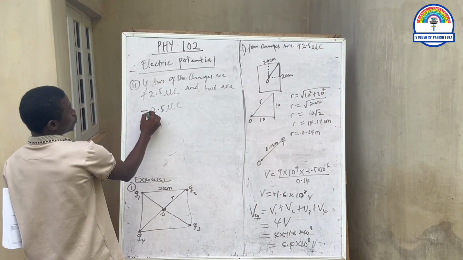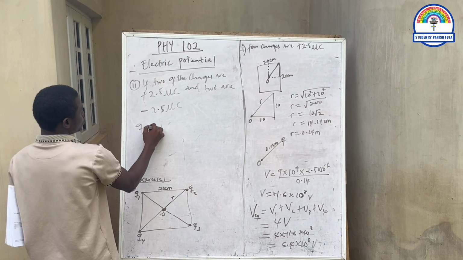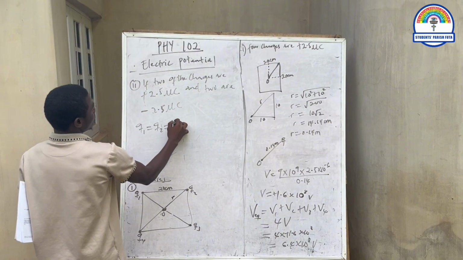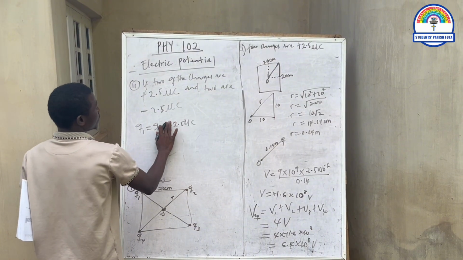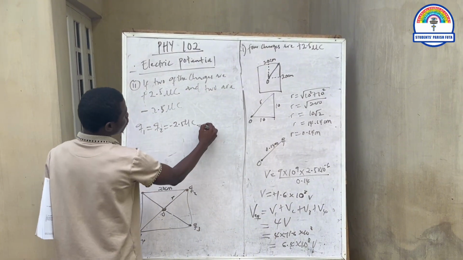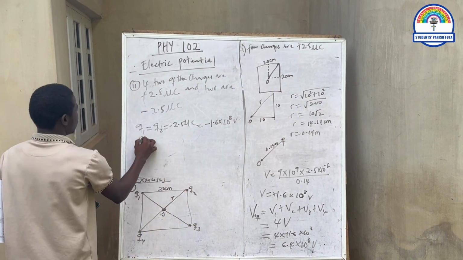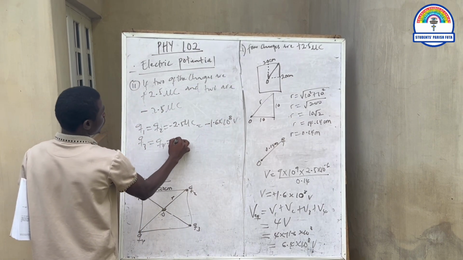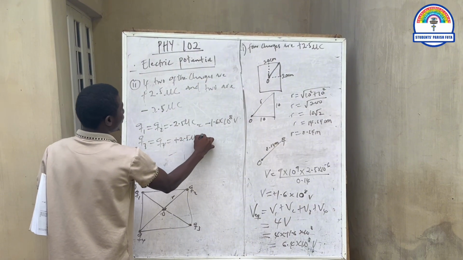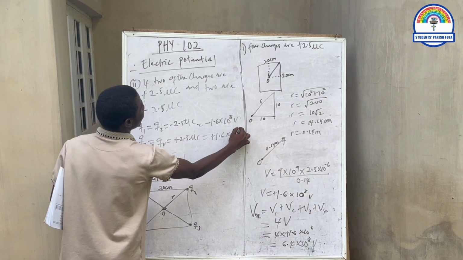You can just pick any two of them, Q1 and Q2 at minus 2.5. We still have the same calculation, but it will be negative 1.6 times 10 raised to power 8 volts. Q3 and Q4 have positive 1.6 times 10 raised to power 8 volts.